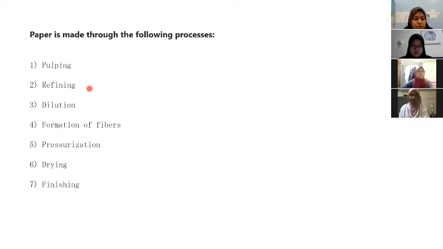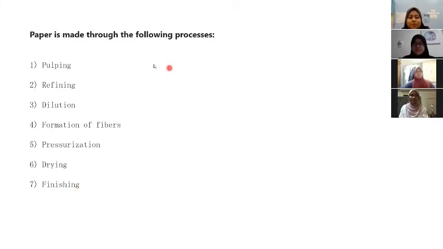Dilutions, a process to form a thin fiber mixture. Formation of fiber on a thin screen. Pressurization to enhance the material density, and then drying is to eliminate the moisture of the material, and finishing is a procedure to provide a suitable surface for usage.